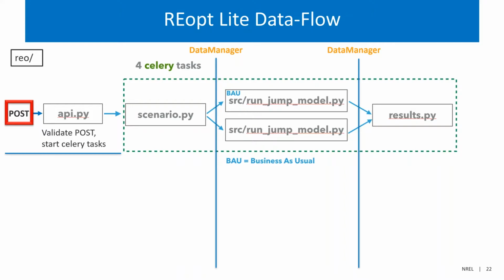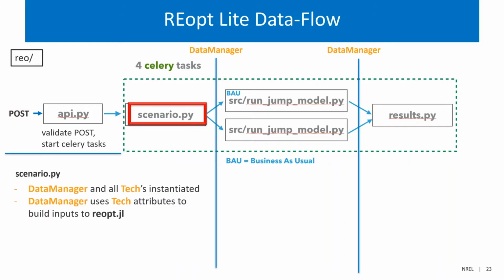The first task, scenario.py, takes in that post, which contains those tech objects, and instantiates equivalent Python objects to mirror those inputs. They also have behavior that ends up getting used in setting up the optimization model. So it instantiates these tech objects, which we'll see in the next slides, as well as the data manager, which relies on those tech objects to create all of our optimization inputs.